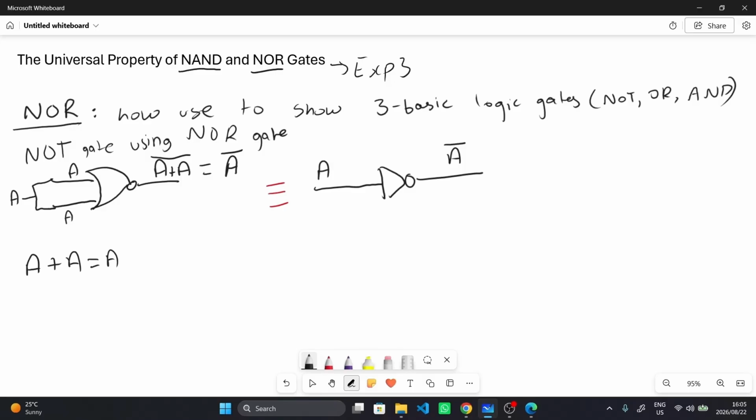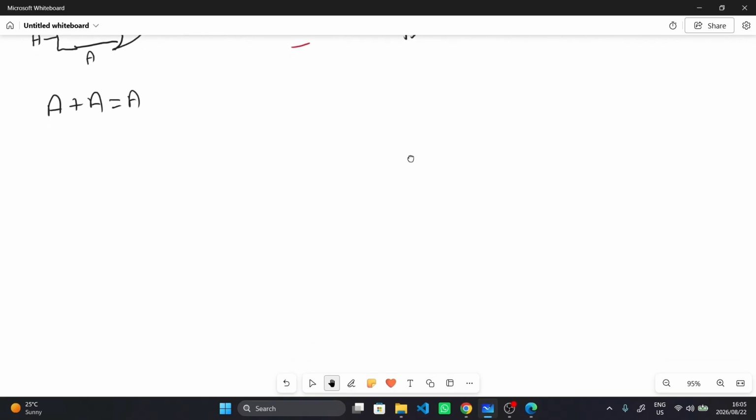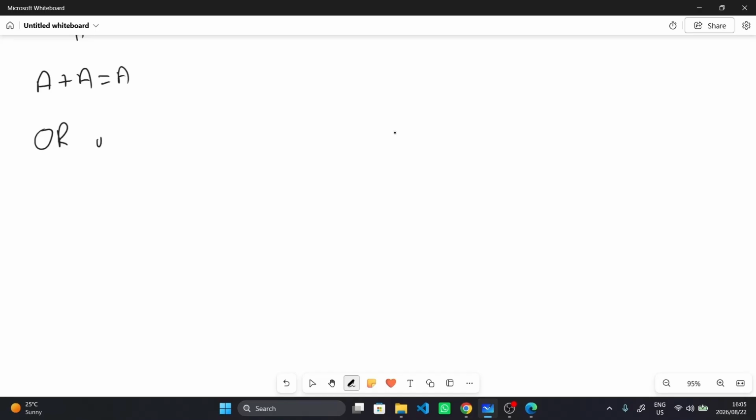Now let's do the other one. Now let's move on to our OR gate, OR gate using NOR. So our OR gate looks something like this.